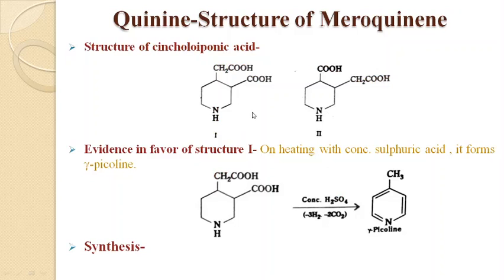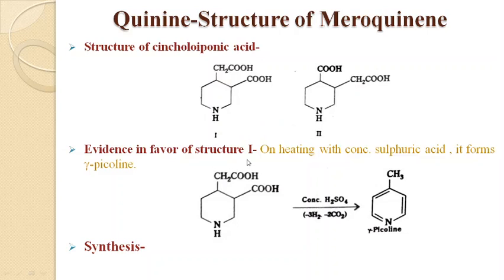So there are two probable structures, structure 1 and structure 2. The CH2 group is inserted here in the first structure, and in the second structure it is inserted here. Now what is the structure, either 1 or 2?